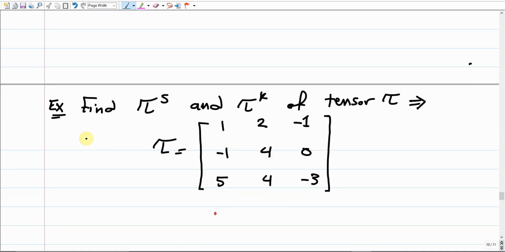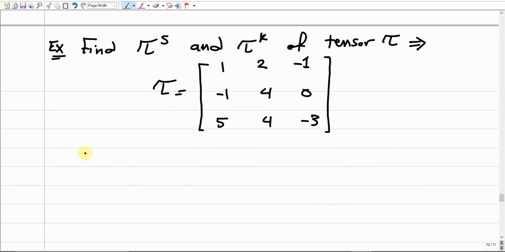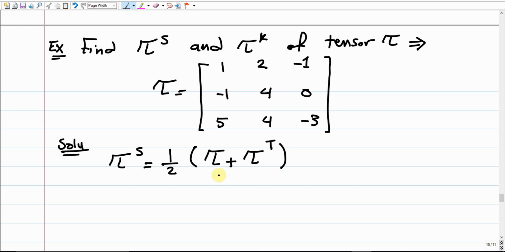Make sense? So simply, as we demonstrated above, the symmetric tensor should be half the tensor itself plus its transpose. You just add the tensor to its transpose and multiply by half. So what are the components of this tau?